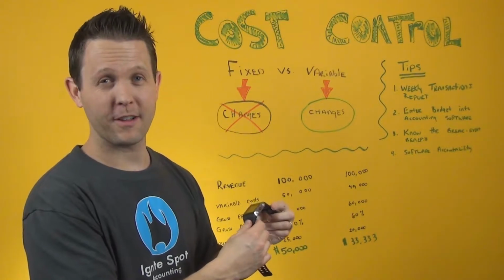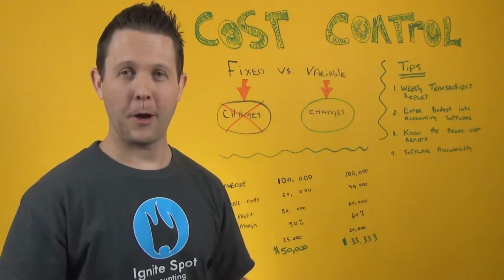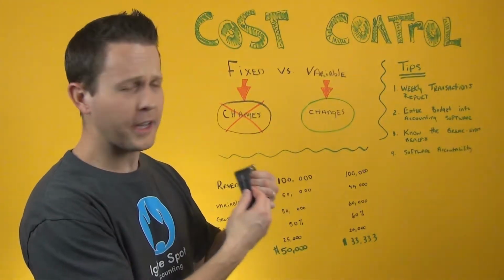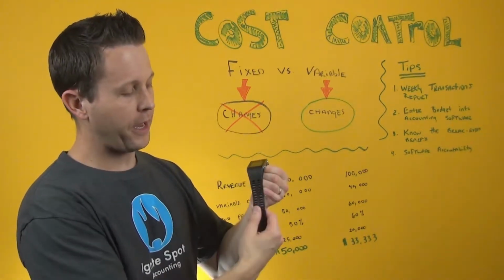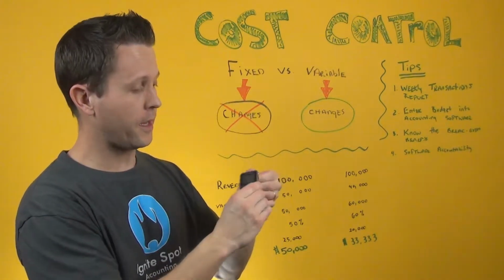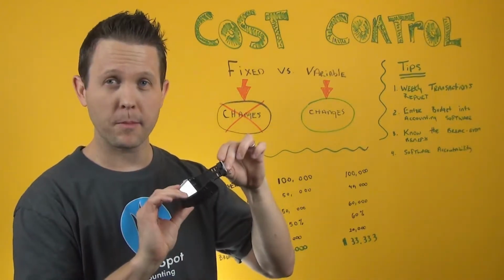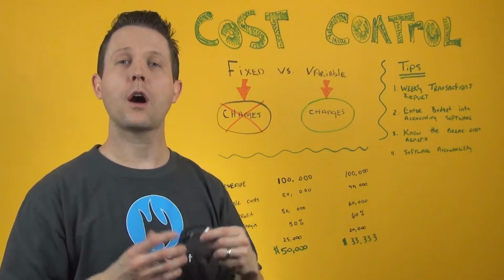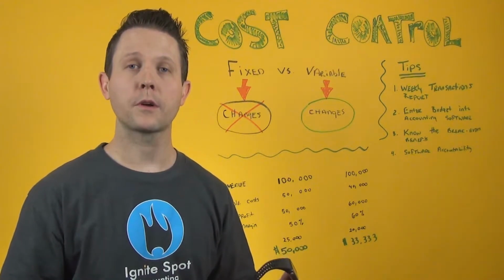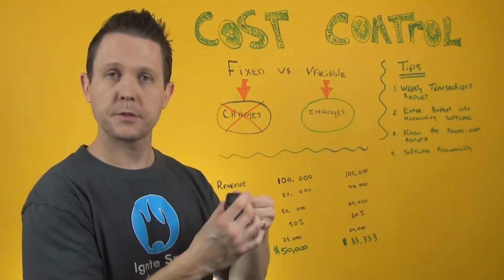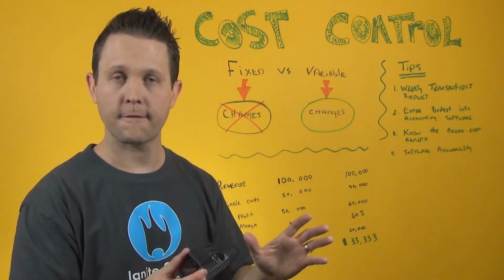I'm getting into triathlons, and I don't know how well that's going to go, but hopefully this will make me better at it, right? So if you sell these things, you've got to pay for the band, this rubberized thing. You've got to pay for the glass on the front, the computer inside, the clasp on the back, okay? And these are all cost of materials. Now those are variable costs because every time I sell a watch, I got to buy a new band, new glass, new computer, new clasp, all of that stuff.